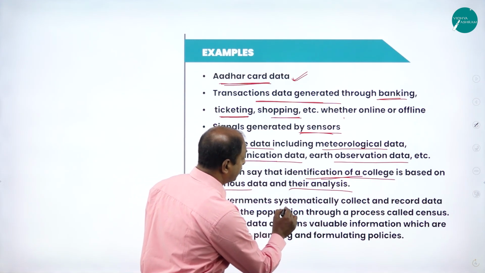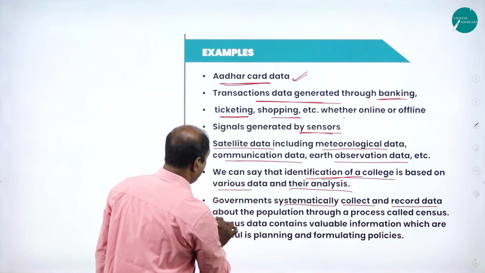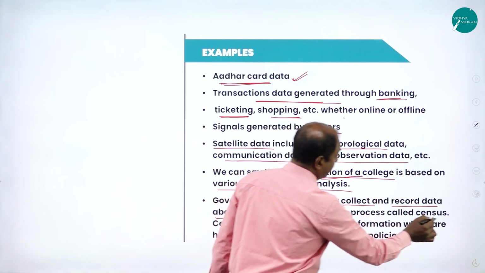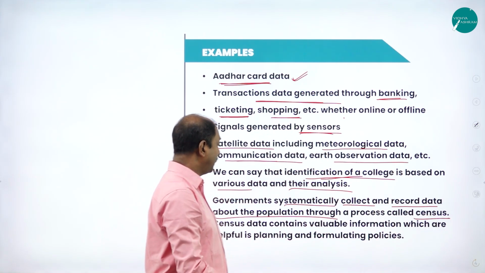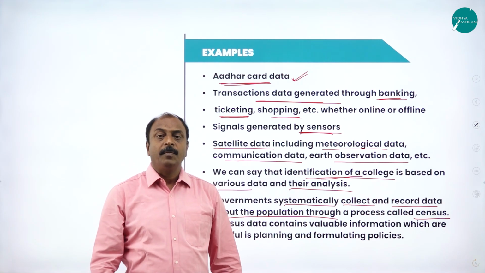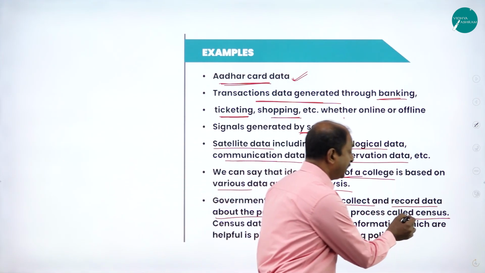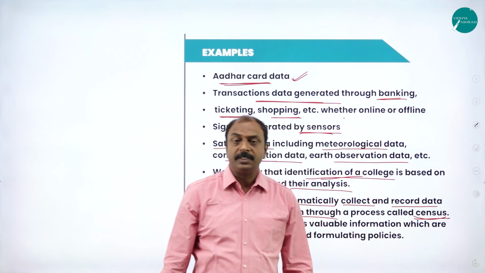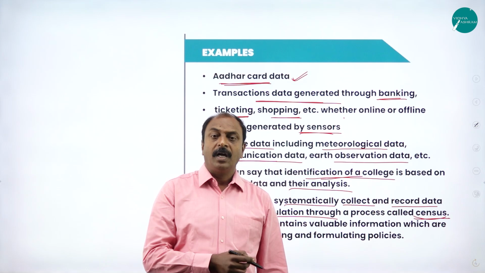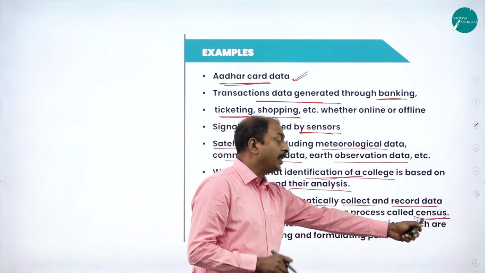And the government systematically collects and records data about the population through a process called census. Now all of you know what a census is. Census is a process where government employees visit your houses and try to get different forms of data about a particular family, about individual citizens.